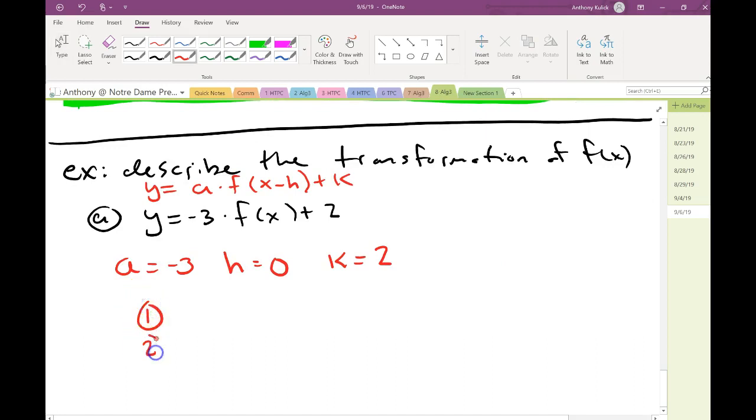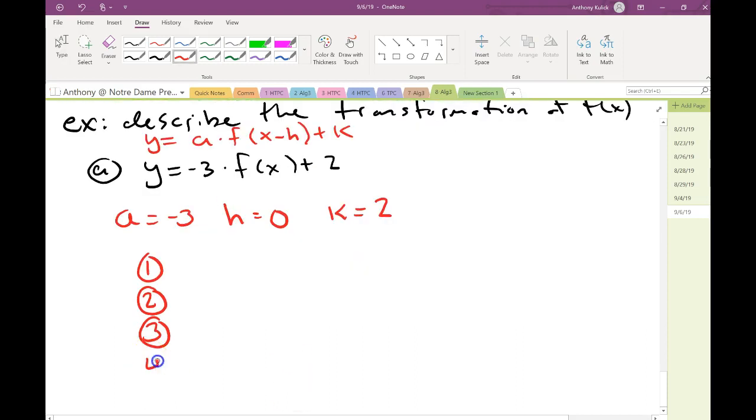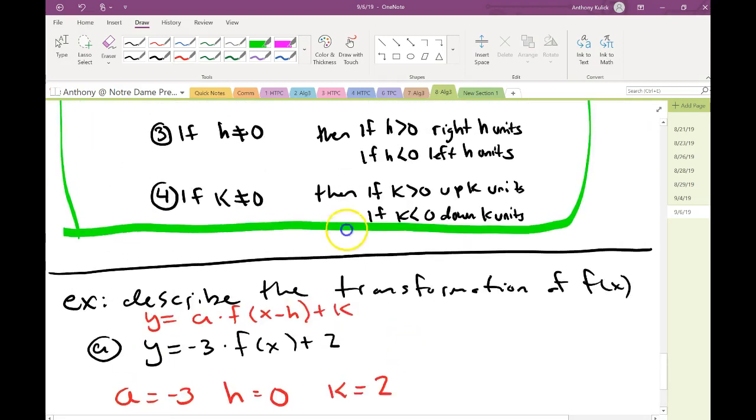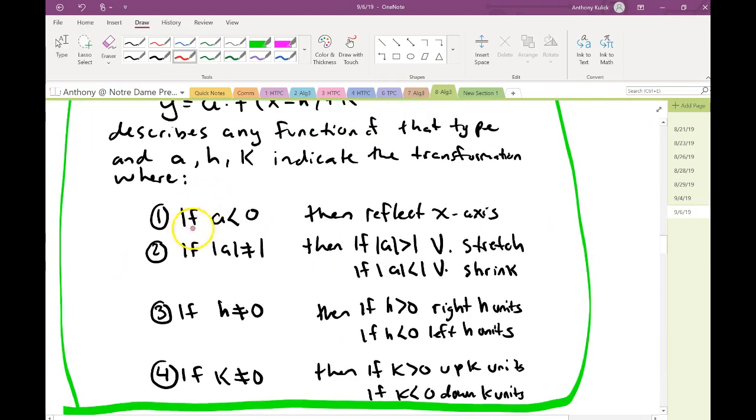What I'm going to do now is write down the numbers 1, 2, 3, and 4. Those numbers correspond to the 4 criteria we listed above. And basically we're going to check to see if any of these 4 criteria apply to this situation. So if I go back and look at the first criterion, I need to check to see if A is less than 0.